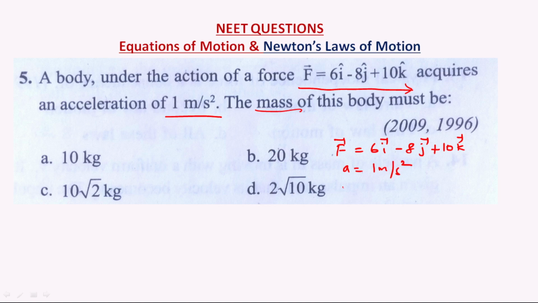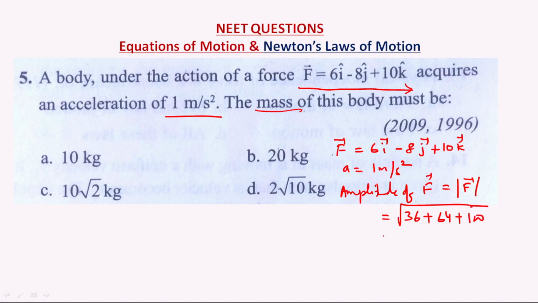So first let us find out the magnitude of the force. The formula is the whole root of 6 square, which is 36, plus minus 8 square, 64, plus 10 square, 100. This becomes 200, which is 10 root 2 units.